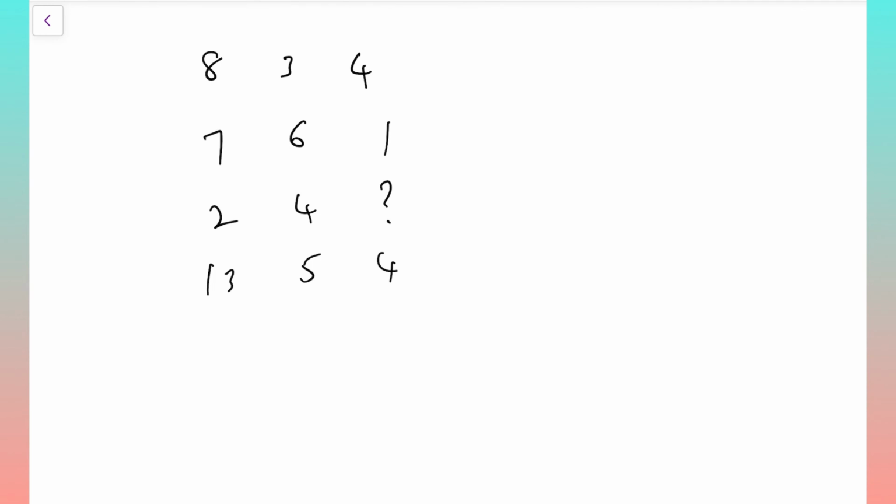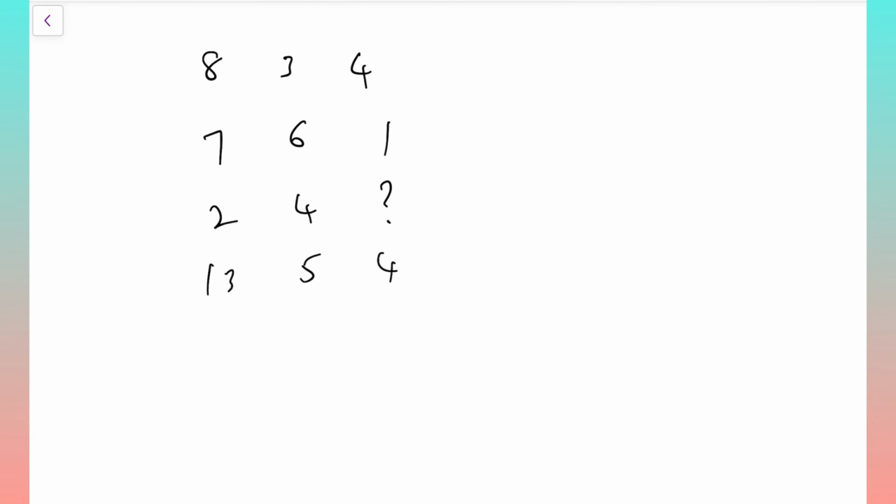First, the addition of all the numbers in the columns. 8 plus 7 is 15, 15 plus 2 is 17, 17 plus 13. The addition of the numbers in the first column is 30. The same way with the second column also. 3 plus 6 is 9, 9 plus 4 is 13, 13 plus 5 is 18. So 30 and 18, the addition of the columns is different.